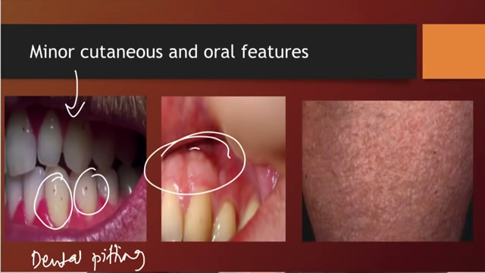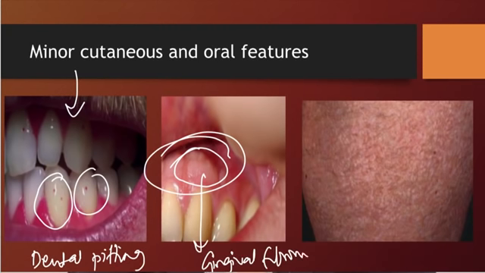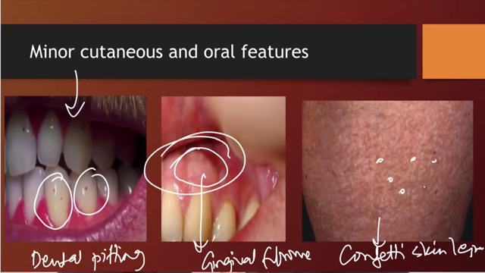These hypertrophic lesions here in the gingiva are the gingival fibromas, and these multiple spotted hyperpigmented lesions in the skin which appear like confetti are confetti skin lesions. So these are the 3 minor cutaneous features.